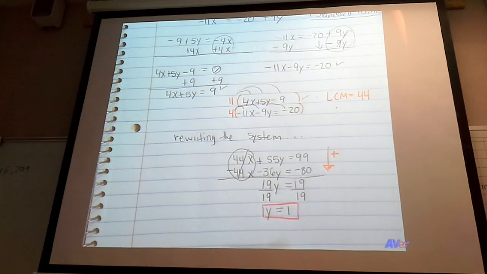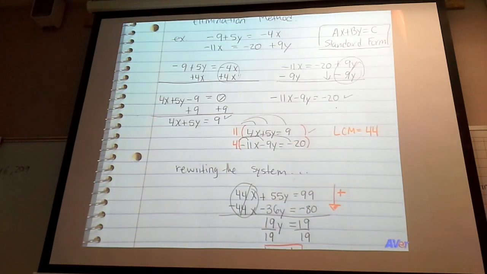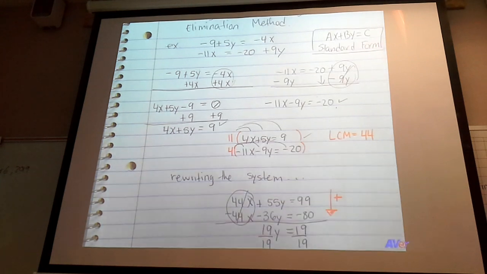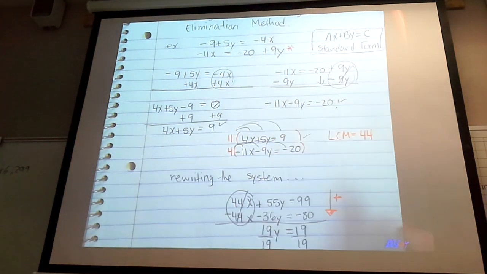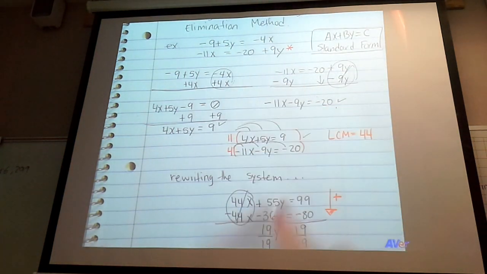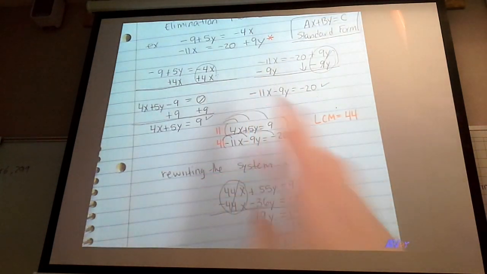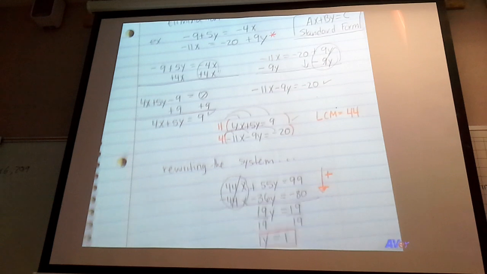So now that I know my y, I'm not done. I have to go and find the other variable. So I can go to one of my original equations. I can choose this one and rewrite it, and instead of a y, I'm going to put a 1. So I'm going to go ahead and rewrite that equation and put a 1 for y.